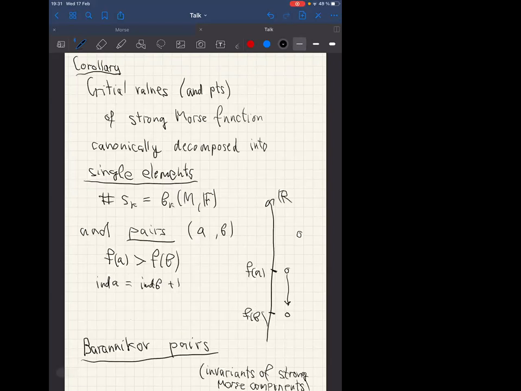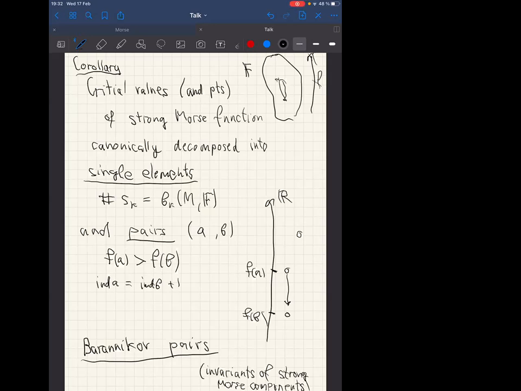So the corollary is that if we have a compact manifold M and a strong Morse function f, and we fix a field F, so this structure depends on the field F. Then all critical points will be divided into disjoint single points and pairs.